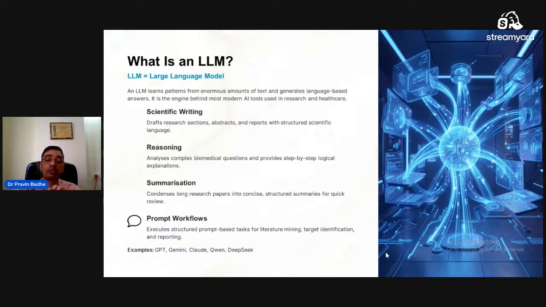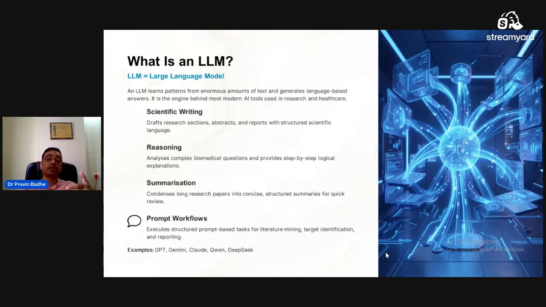But you need to put it into a scientific form which will benefit your research and also the people, that is the public domain. It is very important to consider who you are trying to take this information towards. The large language model can do that. With a structured prompt workflow, you can do literature mining, target identification, and reporting.